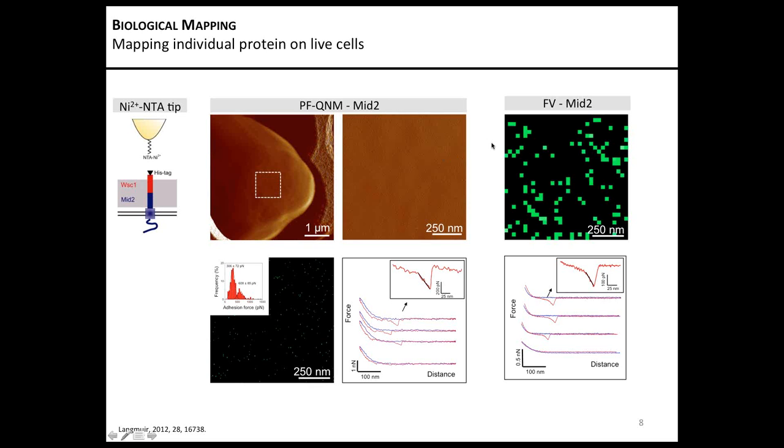And we compare the maps with the maps that we can obtain in conventional force volume, and also the force curve that you can obtain here. And you see that you have more or less the same kind of force curve. The adhesion value is a little bit lower in conventional force volume because the speed is much smaller.